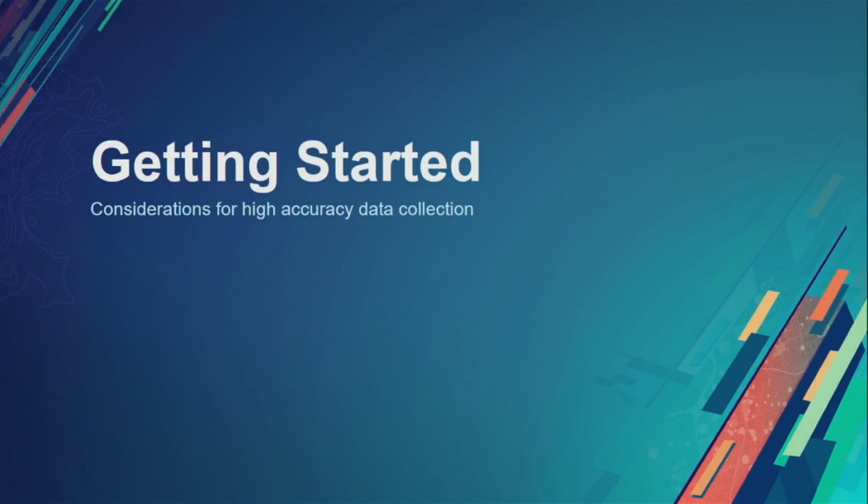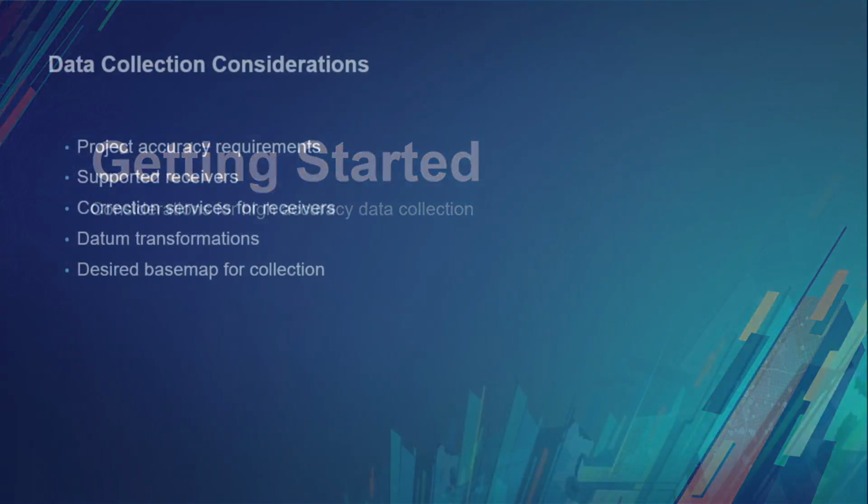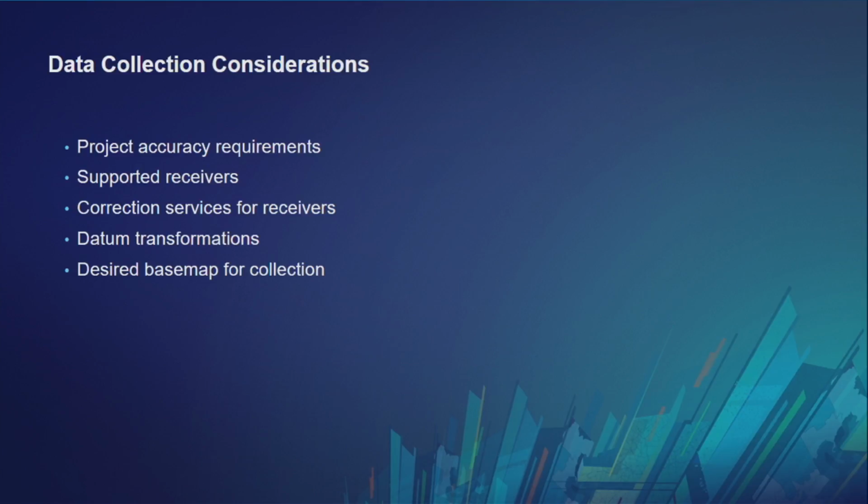So before you get started with high-accuracy data collection, there are a couple of considerations, and let me go through those considerations. First, ask yourself, what are your project accuracy requirements? Because this requirement will drive a lot of the following decisions, like what receiver you are going to use, and what correction services you are going to use for the receivers.